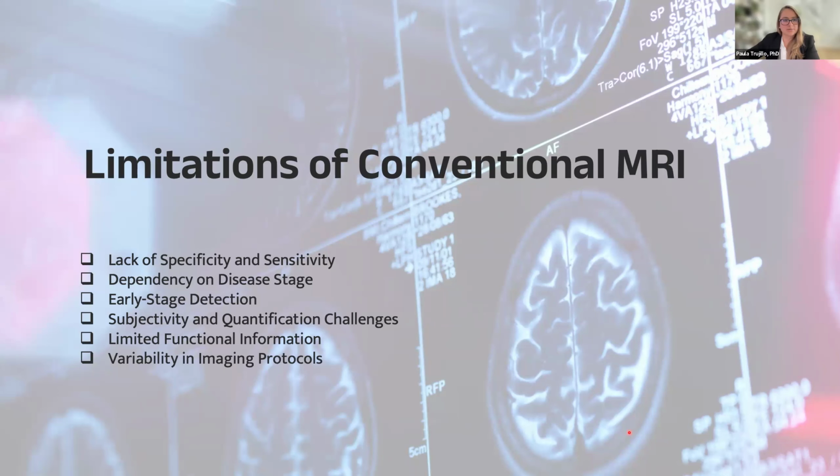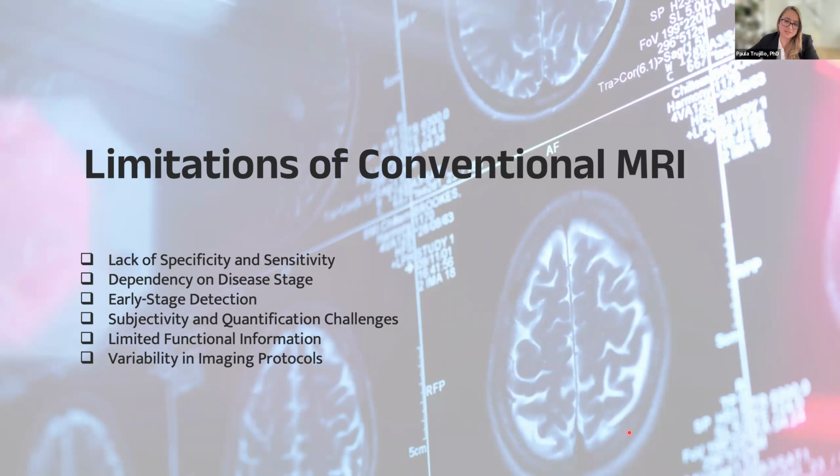So while MRI is a valuable tool, it has several limitations when it comes to diagnosing MSA. MRI findings in MSA can overlap with other disorders like Parkinson's disease or PSP. So it is challenging to differentiate MSA.